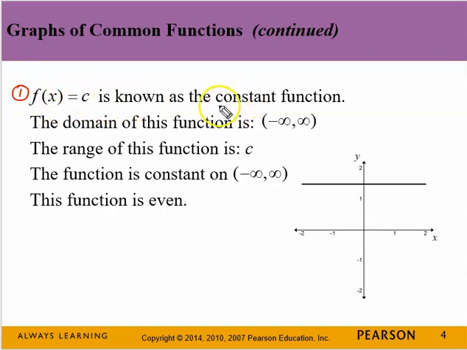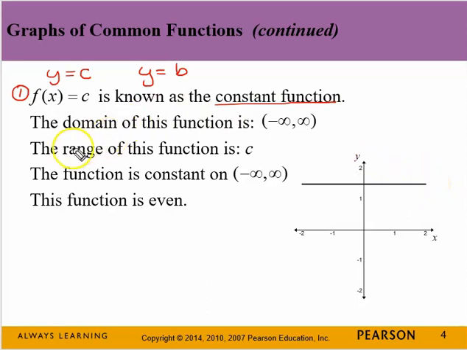This is the constant function. Now, again, this is y equals c, or we can think of it as y equals b, which is our y-intercept, which is what they've drawn here. Whatever value that would have been is going to be a horizontal line.